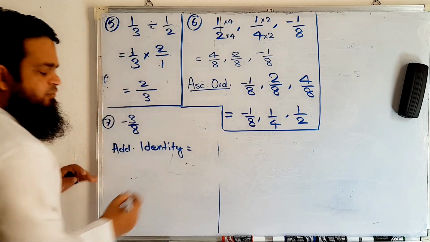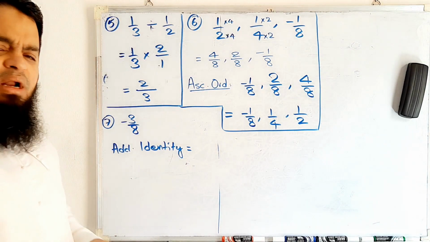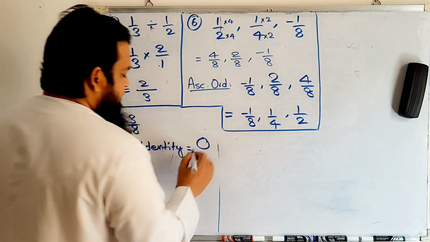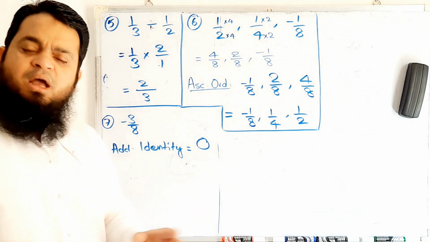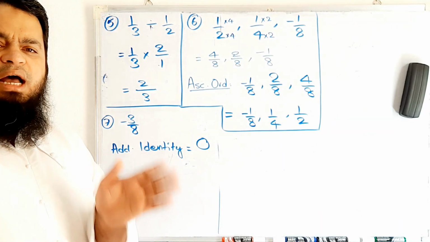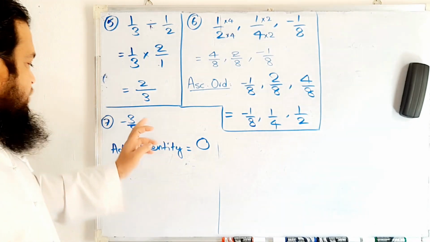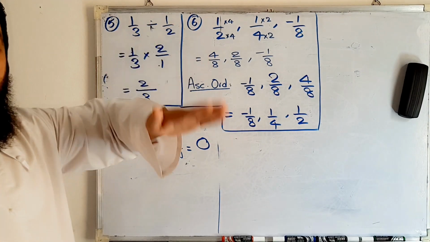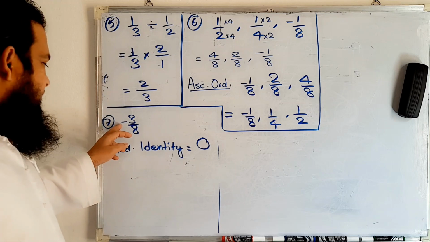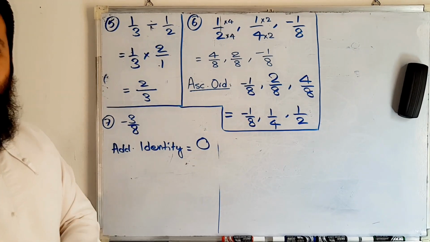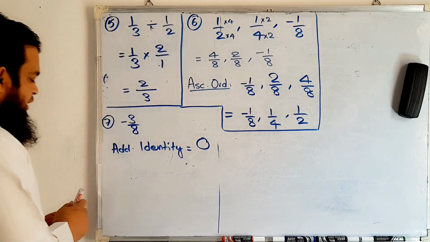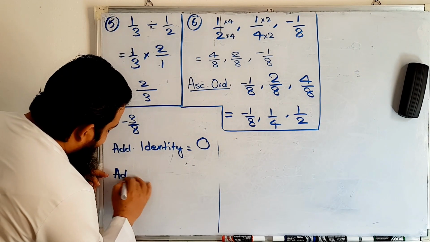Additive identity for each and every number is 0. Identity means same. Additive identity means after adding a particular number to the given number, you get the same given number. So minus 3 by 8 plus dash equals minus 3 by 8. What should be added? 0. Simple.